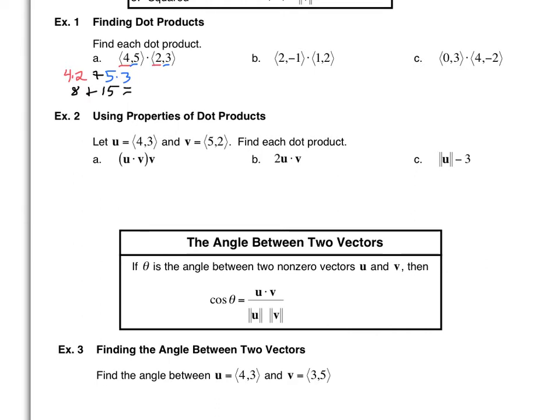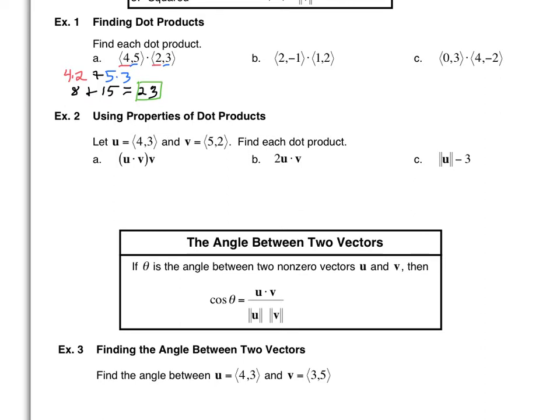What does that equal? 23. And so that just proves that a dot product gives you a number, not a vector. That's what that scalar answer means, because you got a number as an answer, not a vector.